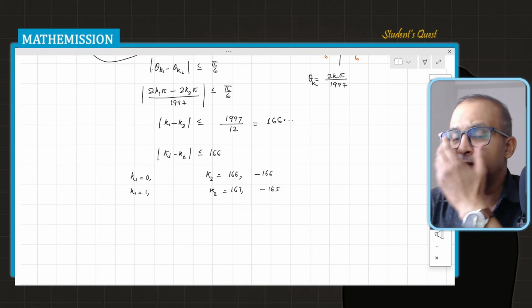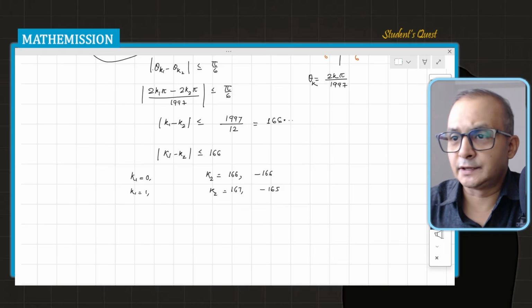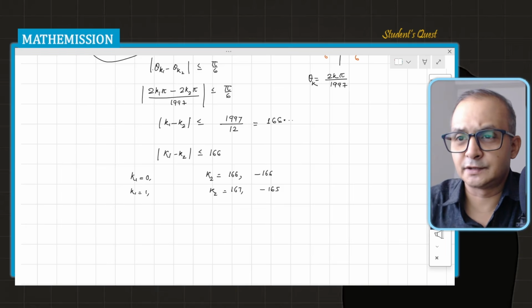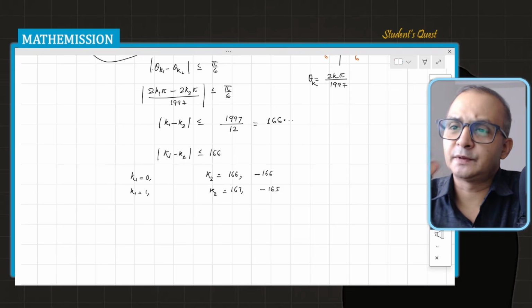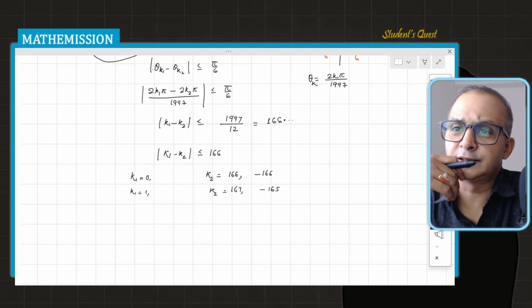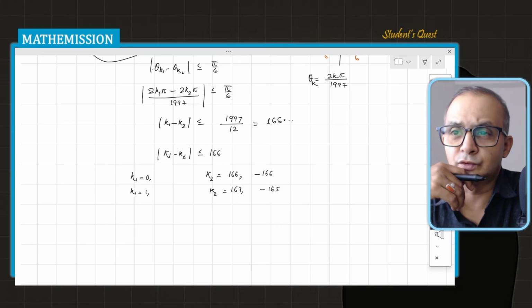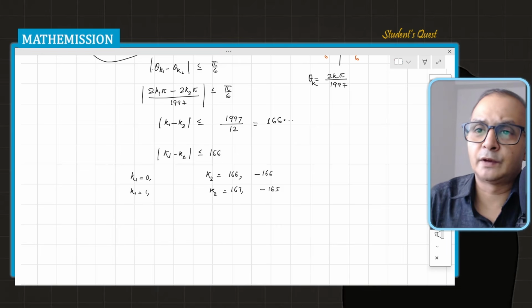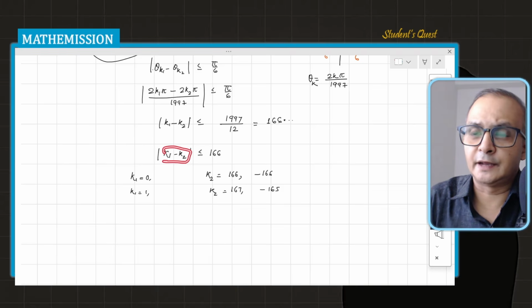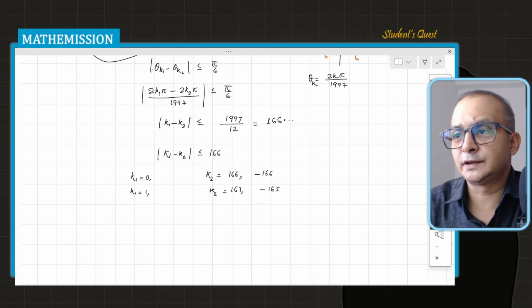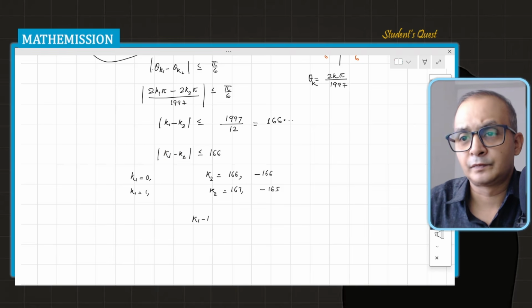So it's basically the gap, whatever gap you are getting, how many such gaps you can get. The possible values are actually minus 166 to 166, except when these two become equal, that is, I cannot take 0, because k1 minus k2 can lie between minus 166 to 166.